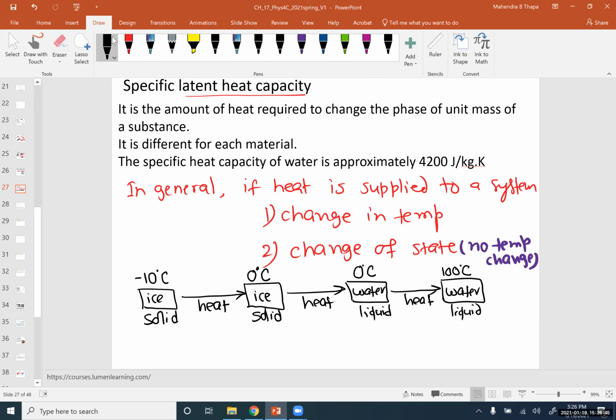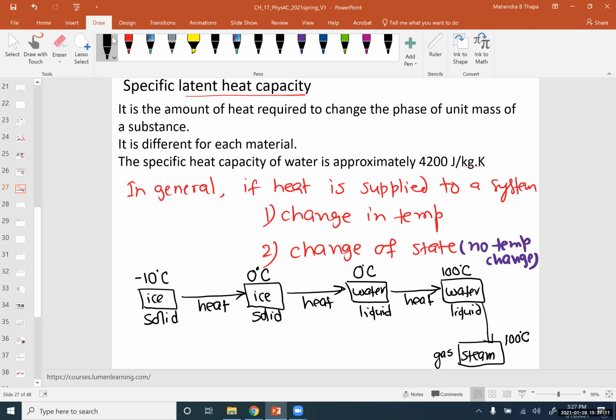If you continue heating, it converts into vapor or steam, which is the gaseous or vapor state. So still it could be 100 degrees Celsius.